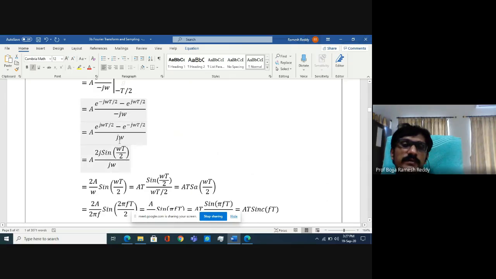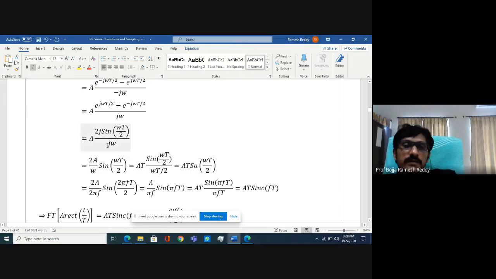The numerator e power j theta minus e power minus j theta is 2j sin theta, since sin theta is equal to e power j theta minus e power minus j theta by 2. j gets cancelled and the amplitude becomes 2A by omega into sin of omega T by 2.